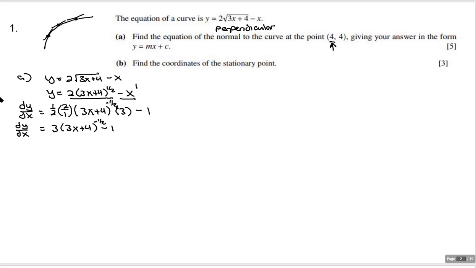I want the slope at this one particular point, so all I have to do is input the x. This is going to be 3 times (3 times 4 plus 4) to the negative 1/2, minus 1. All you've got to do is type that in your calculator. I'll pause this for a second. Pause it and then start back up again when you're ready.